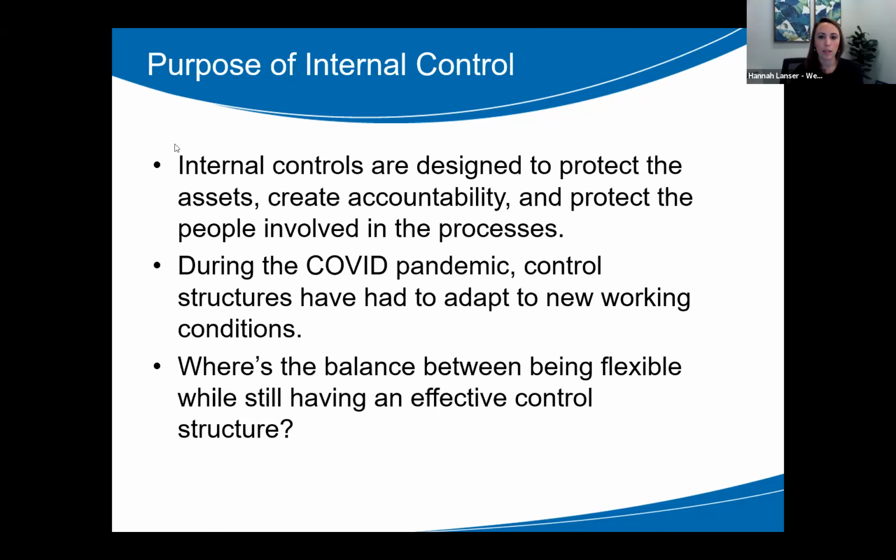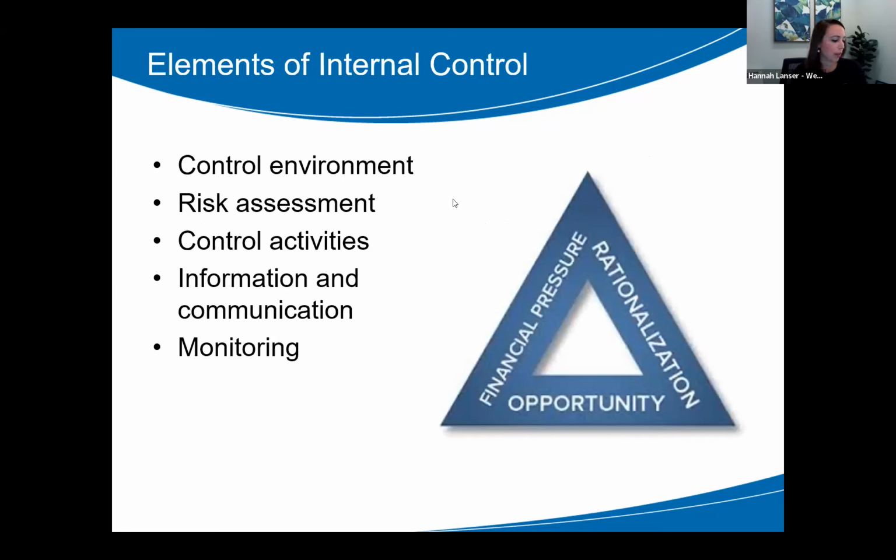I want to show the different elements of an internal control structure as you're thinking through things or having to adapt. These are the five elements that we as auditors look at in your environment. I can tell you that on every audit since March, we've had to evaluate organizations' structures in a new manner and ask what's changed.